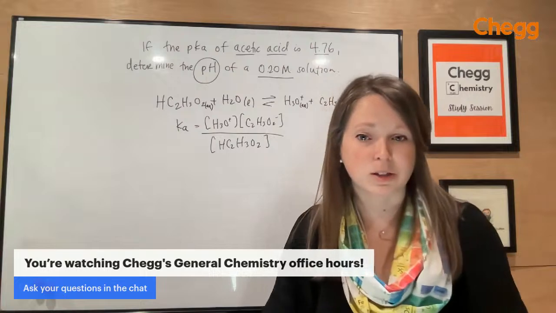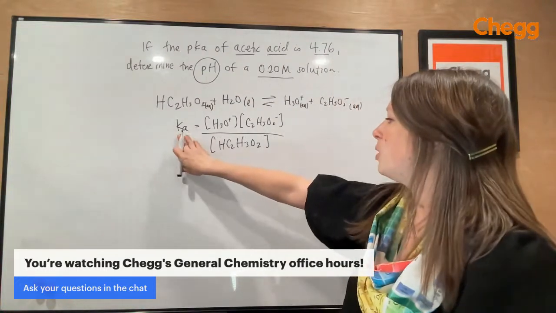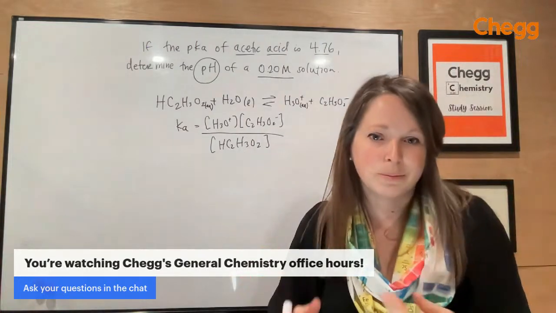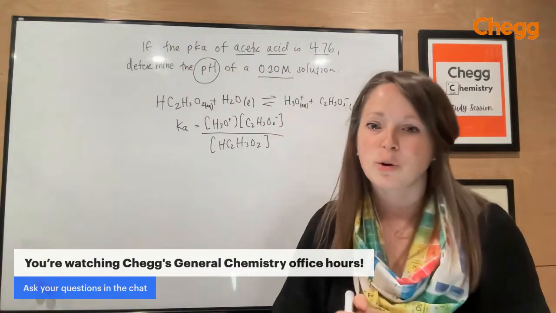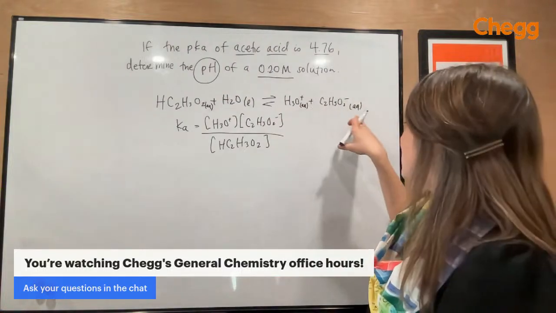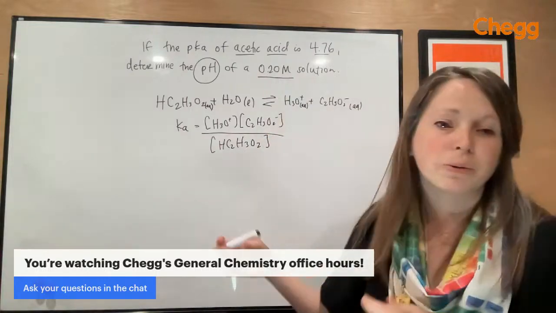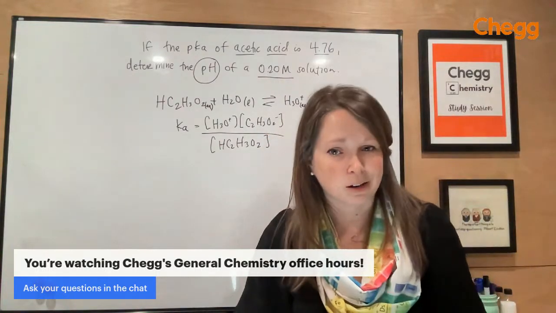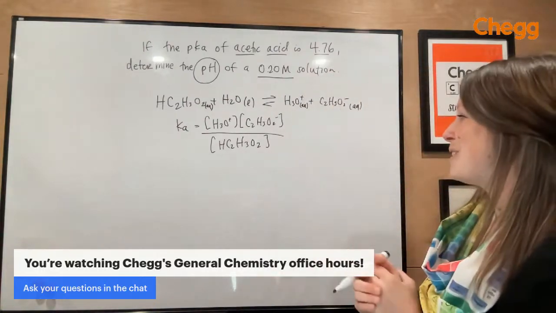Because it's a pure liquid. So pure liquids and pure solids are not going to affect these equilibrium expressions or acid-base dissociation constants because they don't impact equilibrium. So you're only focusing on anything that is aqueous or gaseous. And in this case, I'm looking at the concentration. Remember, with equilibrium expressions, you can also look at the pressures. Sometimes you can also do the moles. So it just kind of depends on what you're looking for.